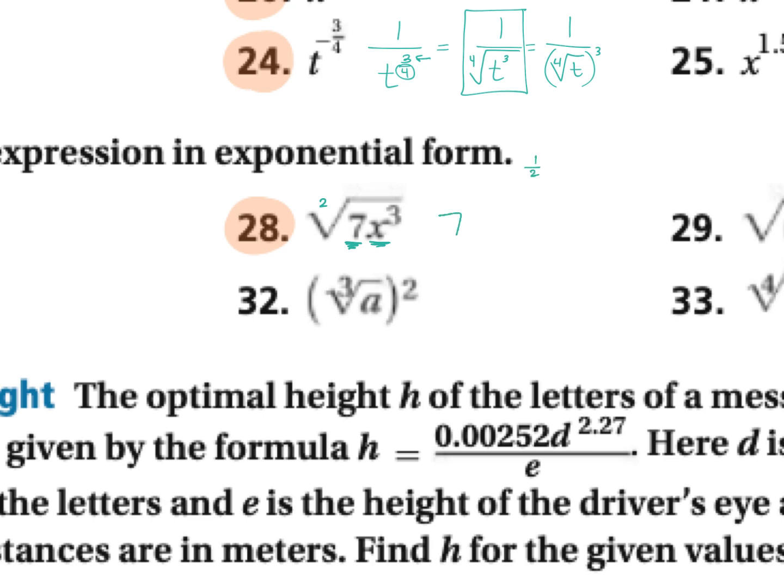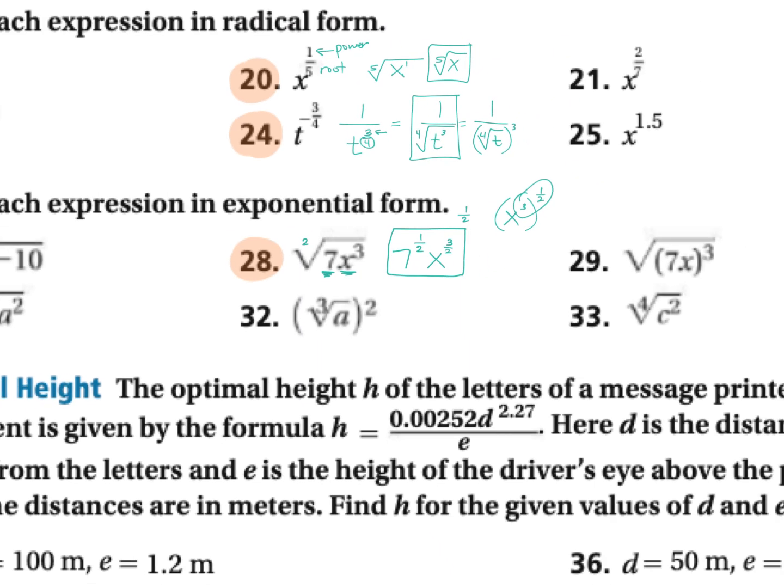So this is going to be 7 to the 1/2 power. And then x, and again, it's basically saying x to the 3rd to the 1/2. Well, we can just multiply those. So it'll be x to the 3/2 power. So that is your simplest answer, 7 to the 1/2 times x to the 3/2, and you'll just leave it like that. Okay.